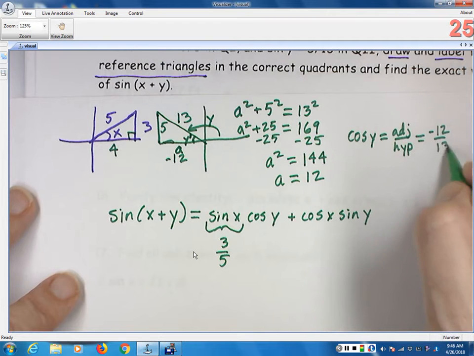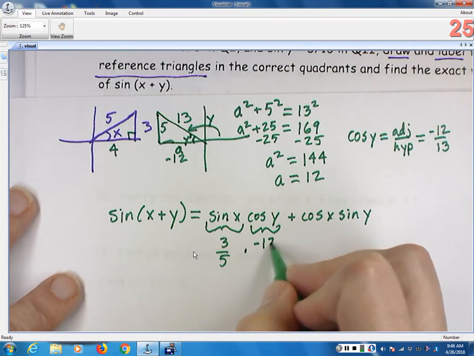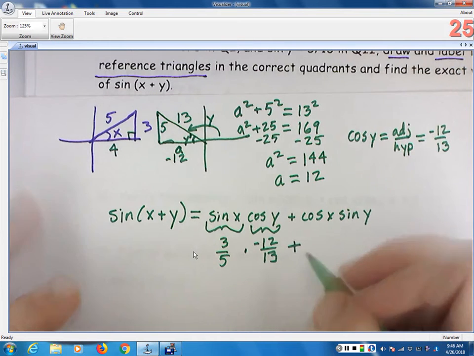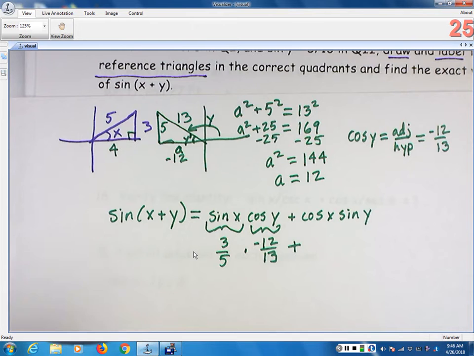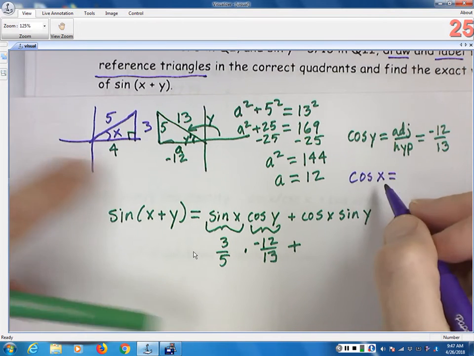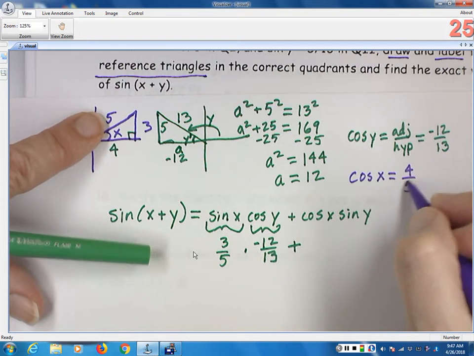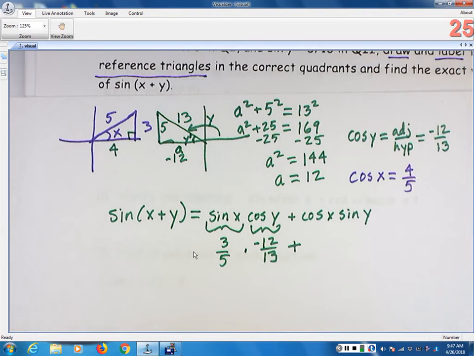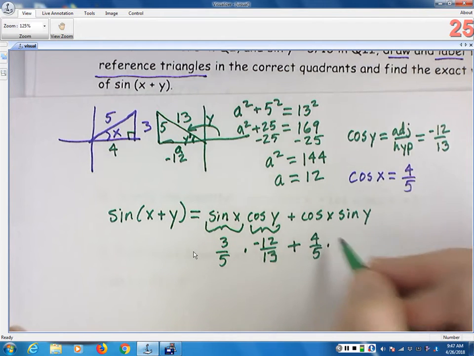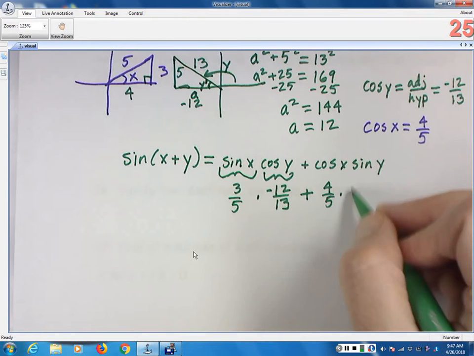You need the negative sign. Cosine of x is again adjacent over hypotenuse, 4/5. Four-fifths times sine of y was 5/13.